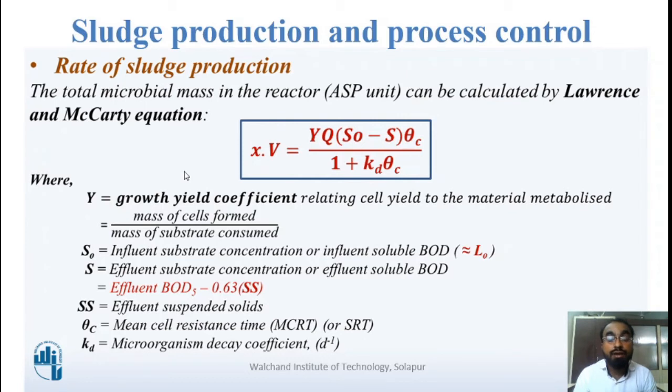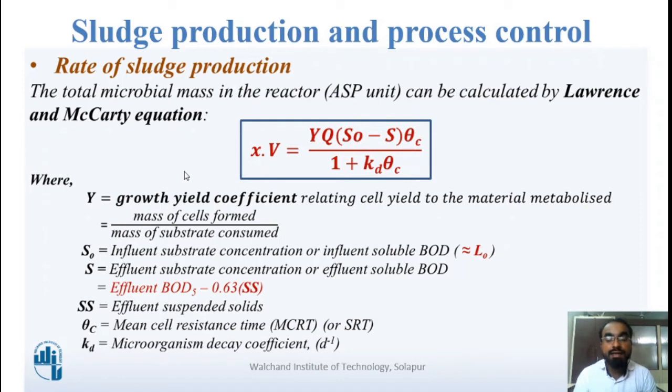So BOD has two things in it. One is biodegradable organic matter and the other is non-biodegradable organic matter. The biological process is mostly targeted at biologically biodegradable organic matter, so the microorganisms will not eat non-biodegradable organic matter. So automatically some inert organic material will also be present in the BOD and that also represents the BOD.